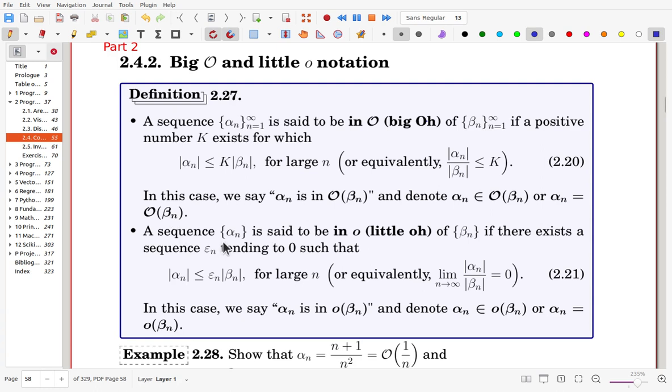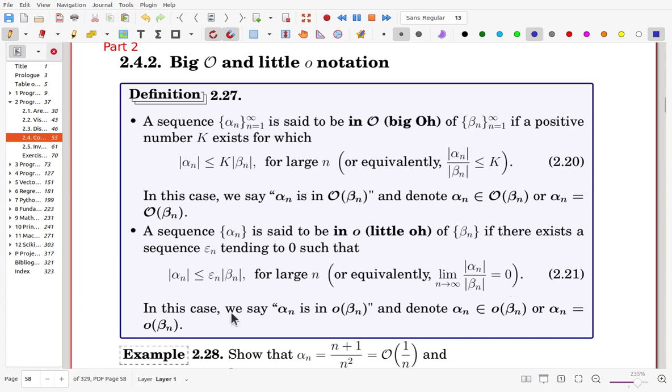A sequence alpha n is said to be in little o of beta n if there is a sequence epsilon n converging to 0 such that this inequality is satisfied for large n. That is the same as the limit of alpha n over beta n being 0.